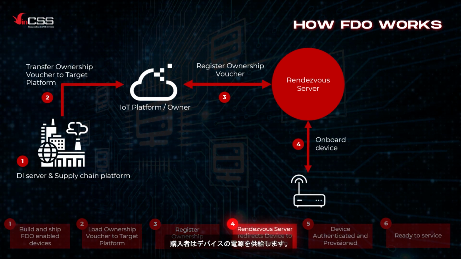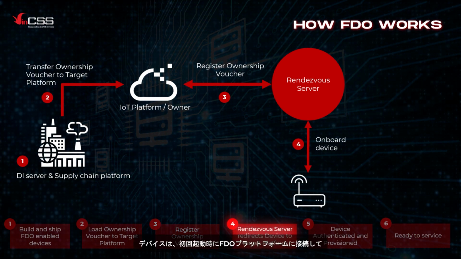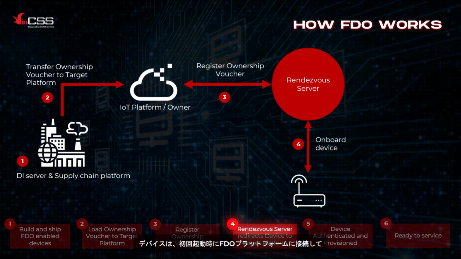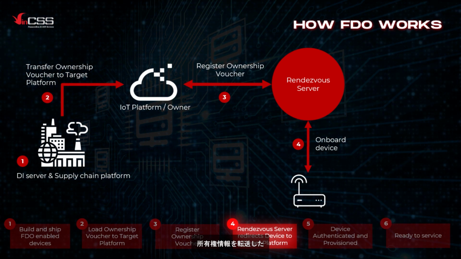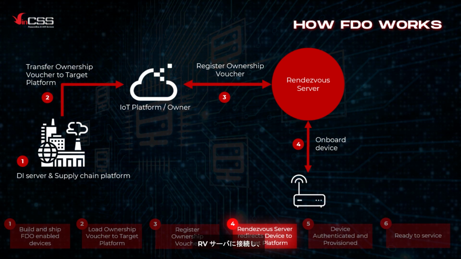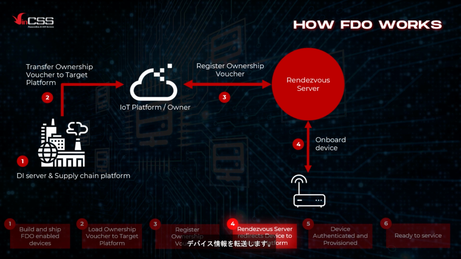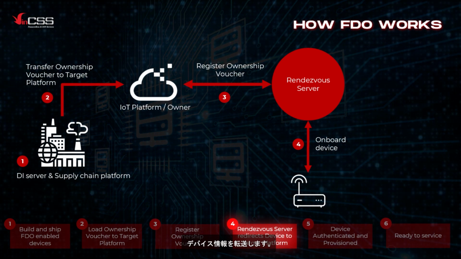After that, the buyers power up the devices. When the devices run for the very first time, they connect to the RV, which the FDO platform already connected to, and transfer the ownership information, then transfer the device information to it.